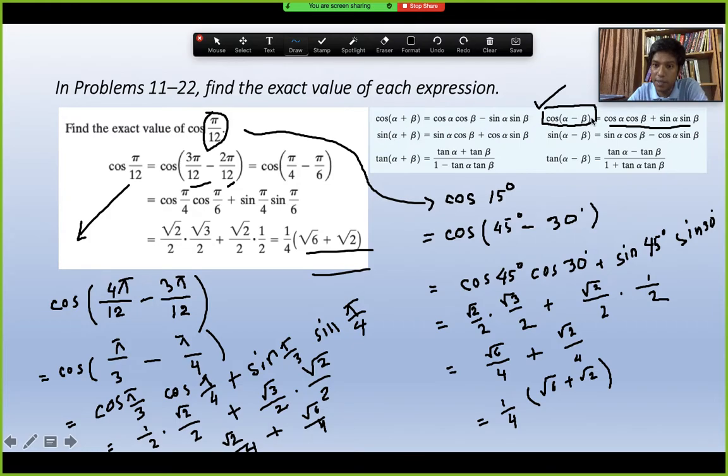So the idea is, we can use a negative or positive sign here depending on what we need. Of course here we cannot use a positive sign because then it will become 3 pi plus 2 pi, that means 5 pi.